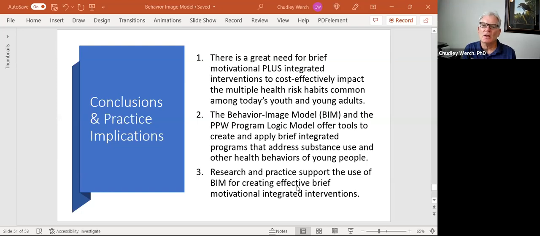Number two, the Behavior Image Model and the PPW program logic model are great tools to create and apply brief motivational integrated programs that address substance use and other health behaviors for improvement of physical and mental health of young people, a more holistic strategy. Research and practice support the Behavior Image Model for effectively influencing multiple behaviors of young people. So good stuff, I think.